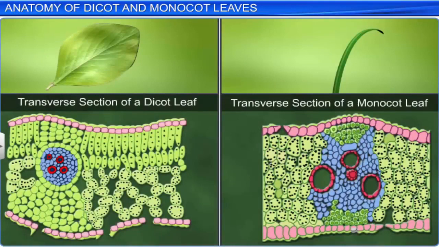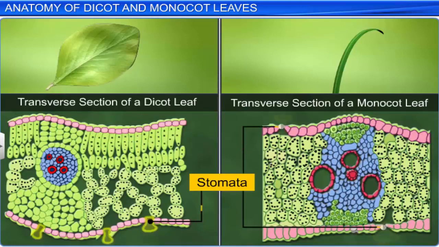The anatomy of a monocot leaf is similar to that of a dicot leaf. However, there are also some key differences. Unlike a dicot leaf, where stomata are found in greater numbers in the abaxial epidermis, in a monocot leaf, stomata are present on both surfaces of the epidermis.